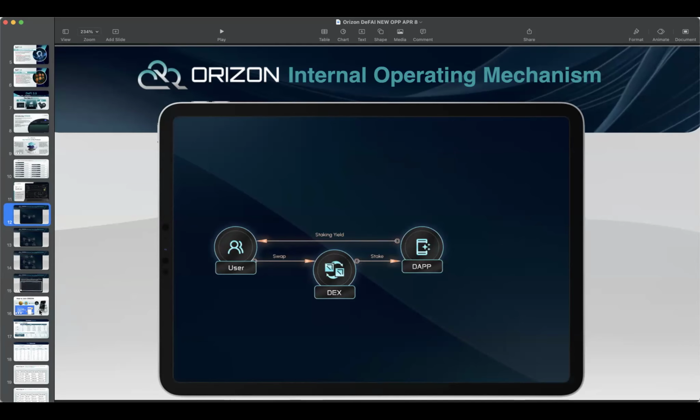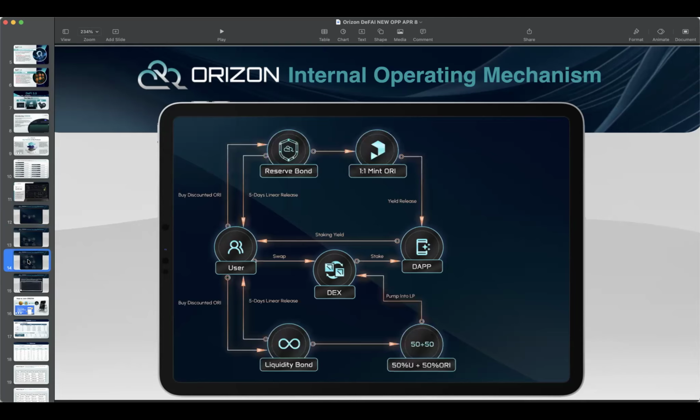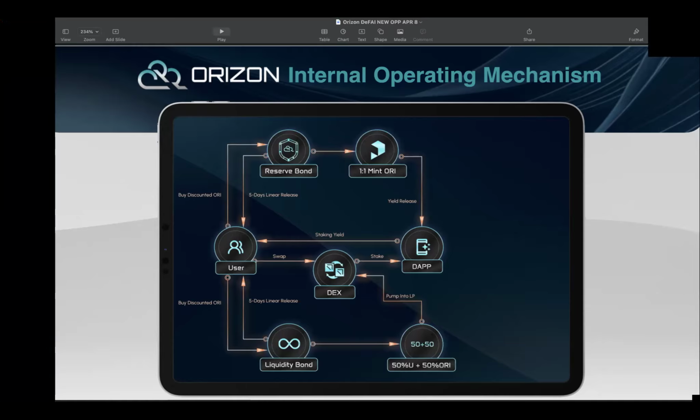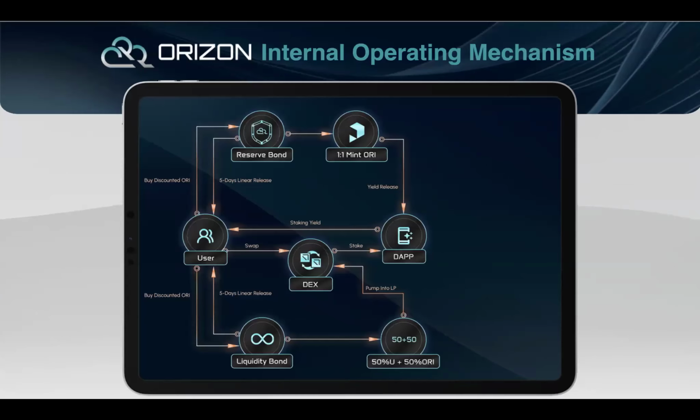Now, when Olympus DAO started, remember, the Olympus DAO model was that they were raising money for the treasury using the bond. Let me show you what Olympus DAO had. Olympus DAO had something like this.